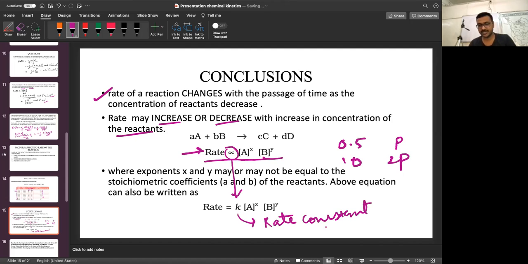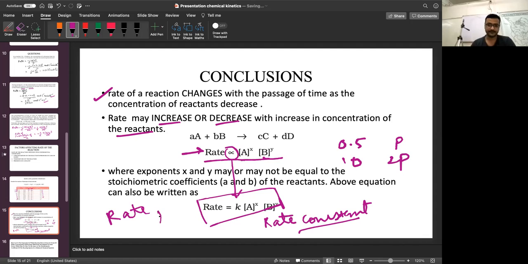This constant we call the rate constant, and this equation that correlates rate with the concentration of the reactants raised to some powers, and the rate constant, is called the rate law. Okay, this is called the rate law.